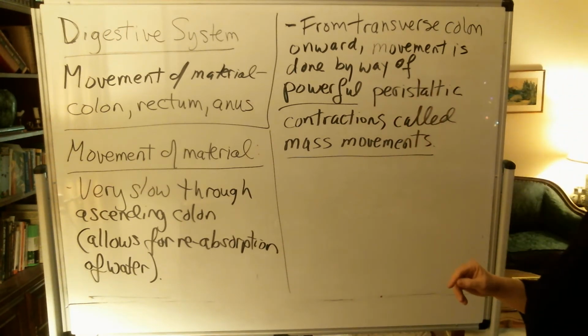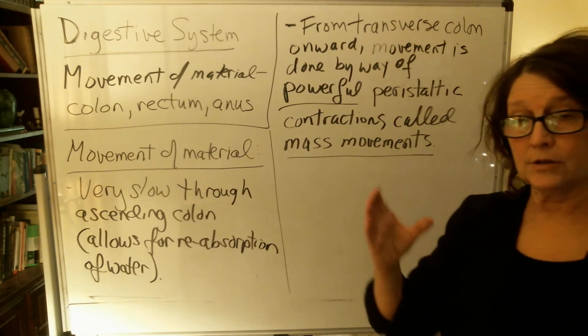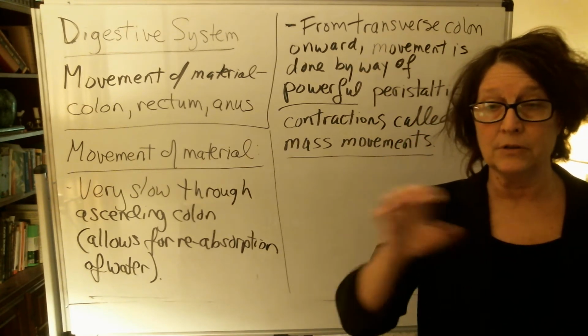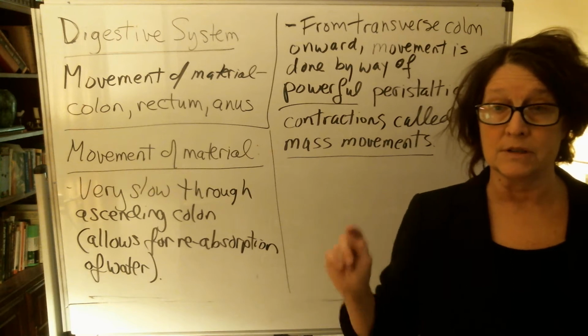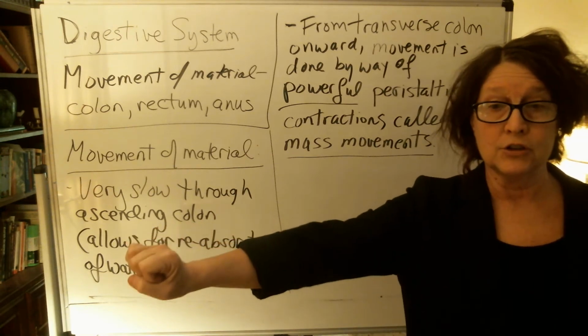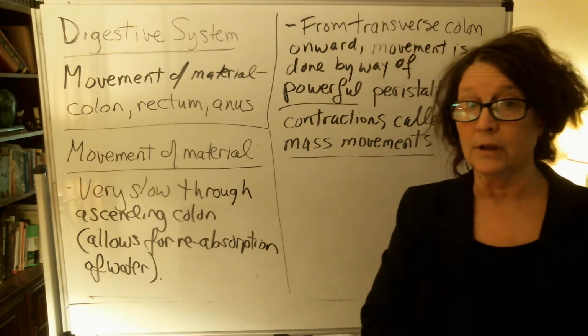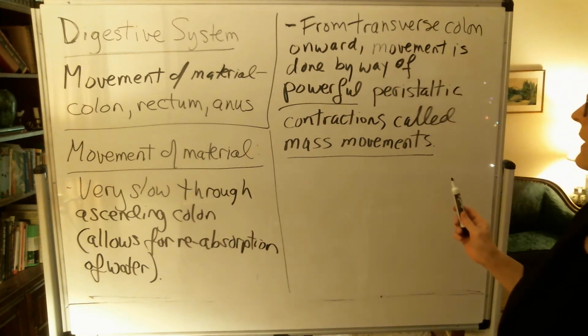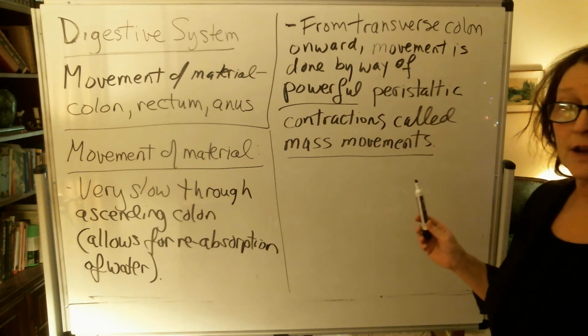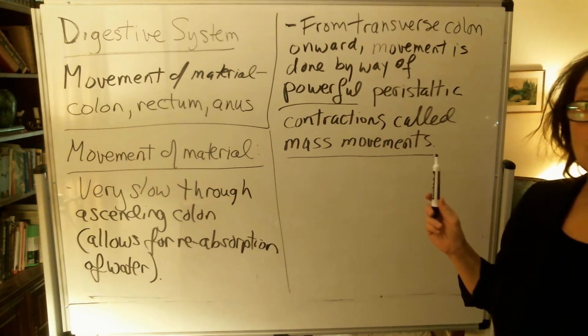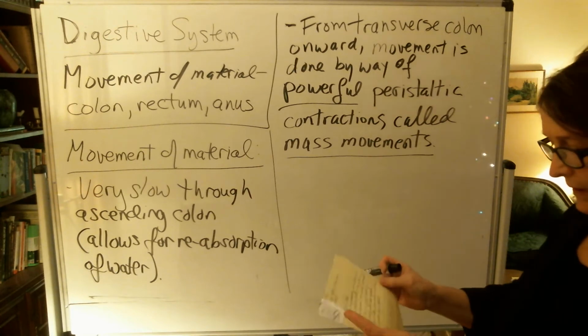Then when it hits the transverse colon, suddenly you start getting very powerful peristaltic contractions. You remember peristalsis. Those are waves of contractions that can move materials through tubes, like your colon. And these waves of powerful peristaltic contractions in the large intestine are known as mass movements.